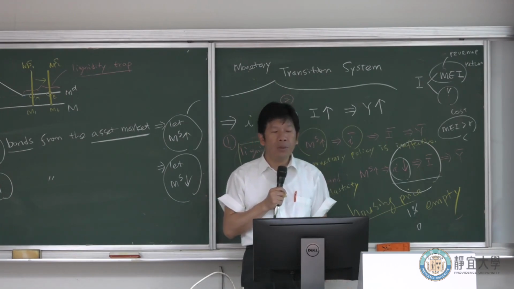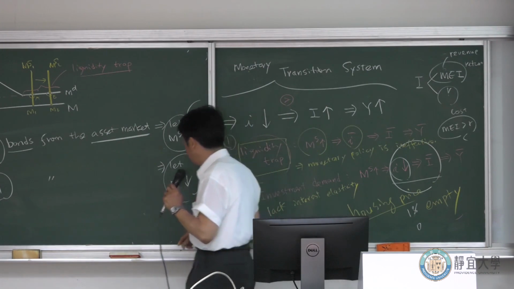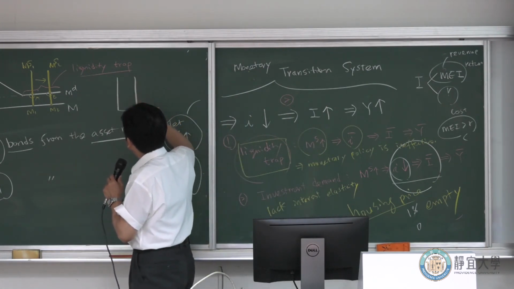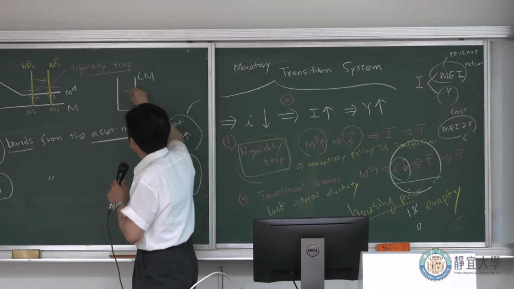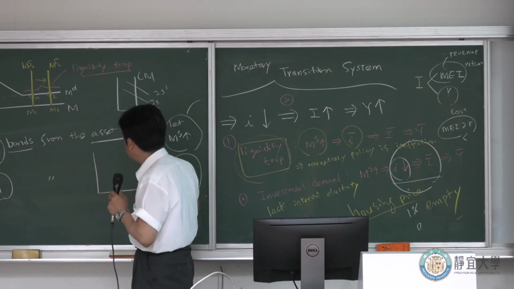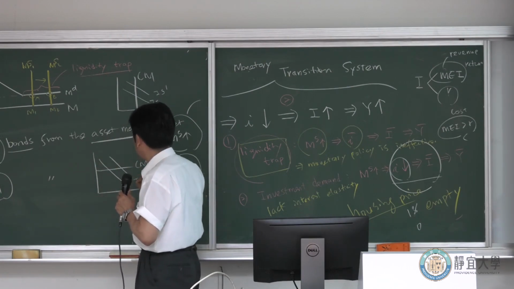So sometimes we need to try to conserve. Here maybe this is LM and this is the IS curve, and the other one, this is LM, IS.